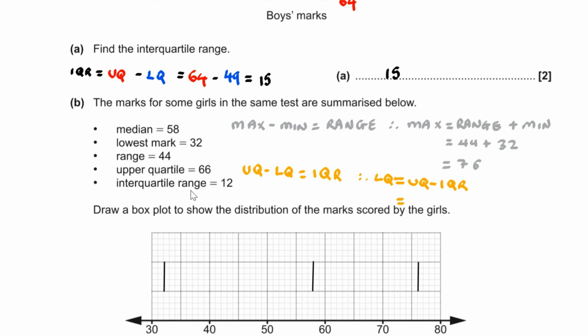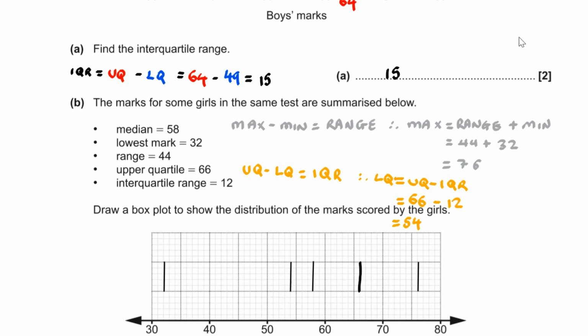So we've got 66, take away 12, which gives the lower quartile being 54. So we've got 54 for the lower quartile, and the upper quartile being 66, so 66 is over here.